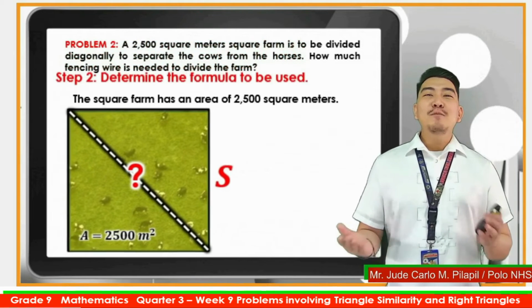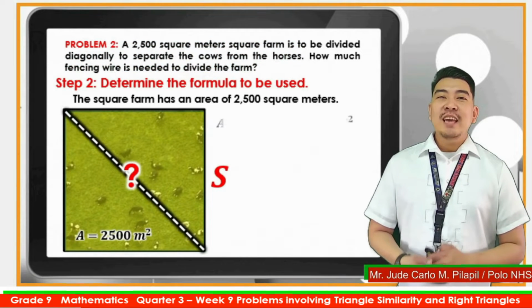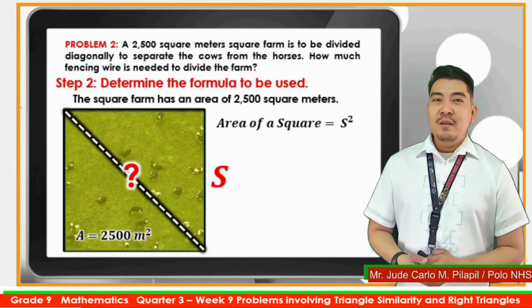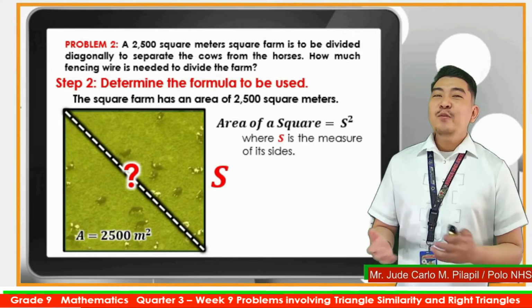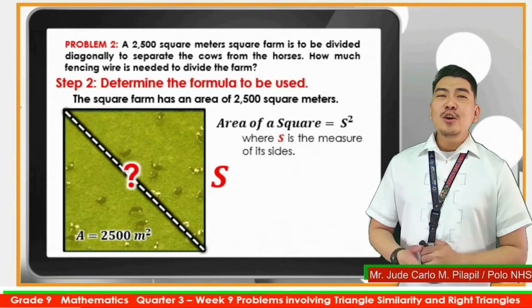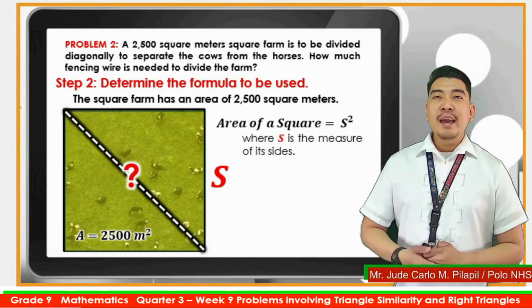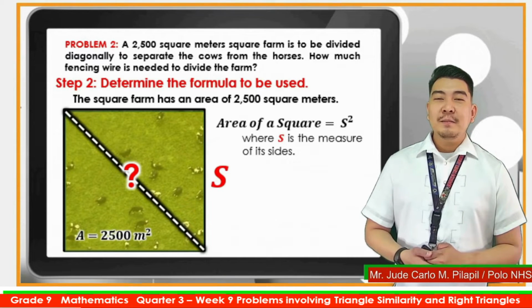Next, let us determine the formula to be used. We need the formula in getting the area of a square, which is equal to S squared, where S is the measure of its sides. After getting the side, take note that the triangles formed are isosceles right triangles, or 45-45-90 right triangles.